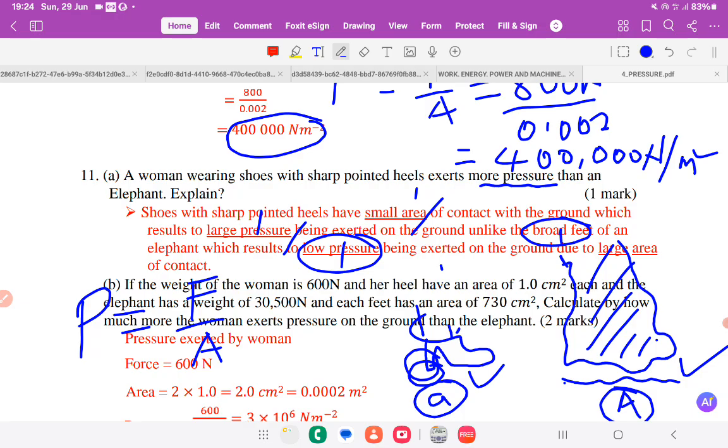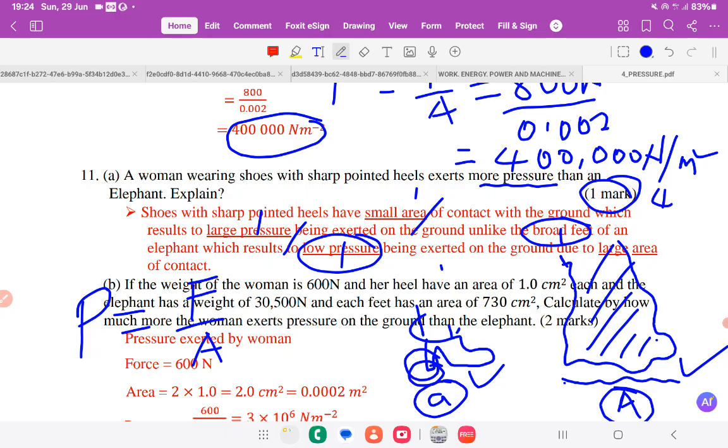As a matter of fact, I would really appreciate it if this question was 4 marks, so that you have a mark for saying small area for sharp-pointed heels, large pressure for the same, and broad feet, large area for the elephant, and low pressure for the same. That's basically what you would have said if it were you in an exam.